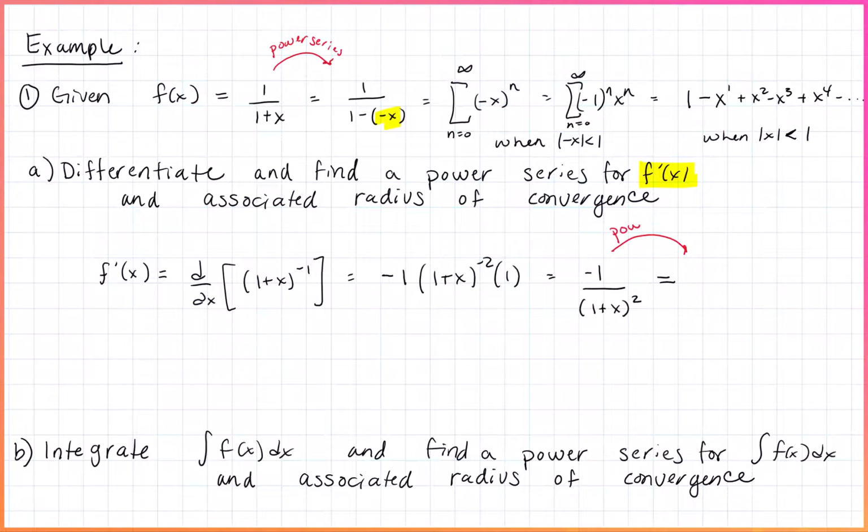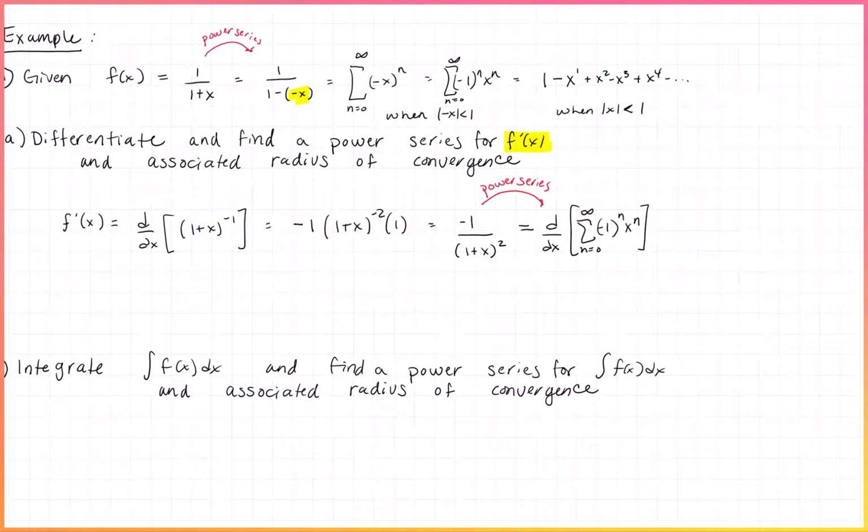Well, we know what the power series of the original function was. So that would be the same as taking the derivative of the power series from n equals 0 to infinity of negative 1 to the nth, x to the nth. If we were to write that out, remember we have that written out up above, that is the derivative of 1 minus x plus x squared minus x cubed plus x to the fourth, and so on, right?